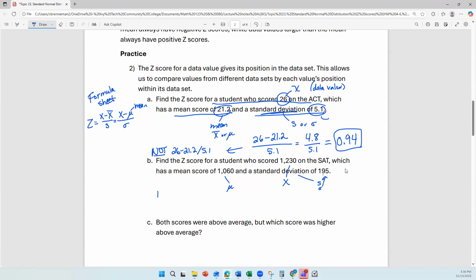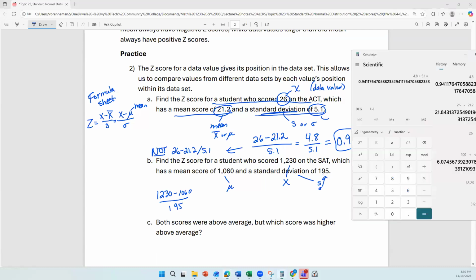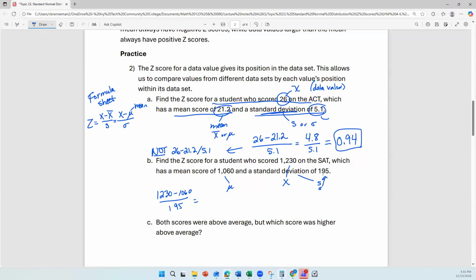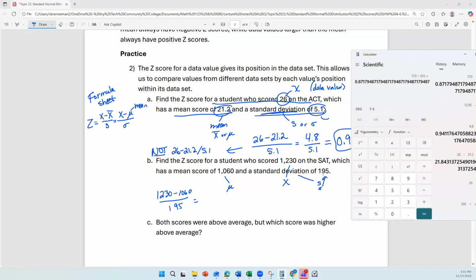So this is going to be 1230 minus 1060 divided by 195. So I go on my calculator, 1230 minus 1060. I hit equals on that. I don't need to write that down. You can if you want. 170 divided by 195. I didn't need to retype the 170. I just hit divided by 195, and that rounds to 0.87.